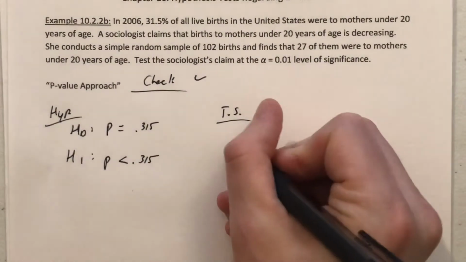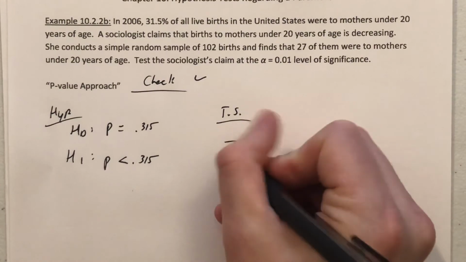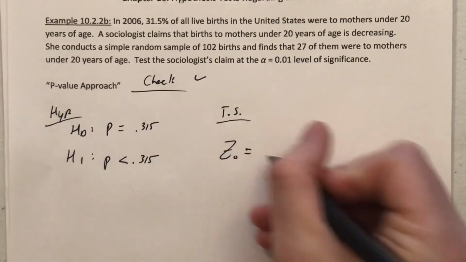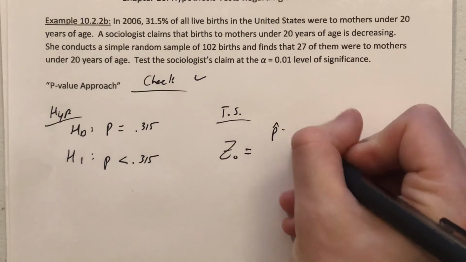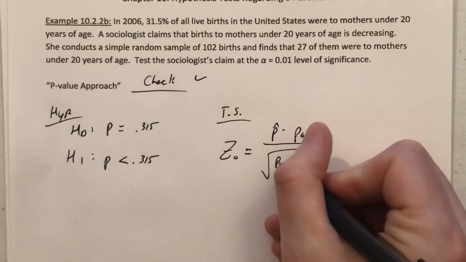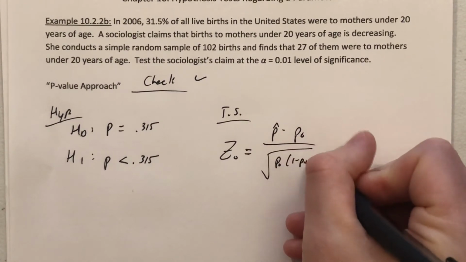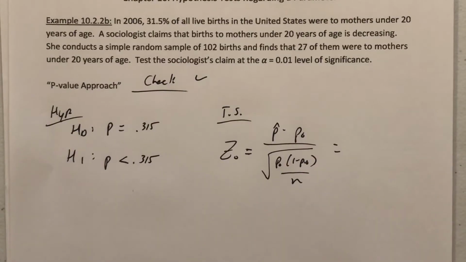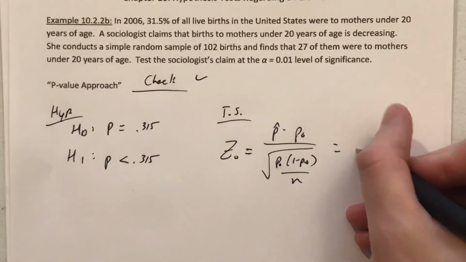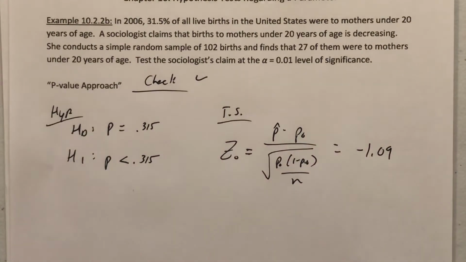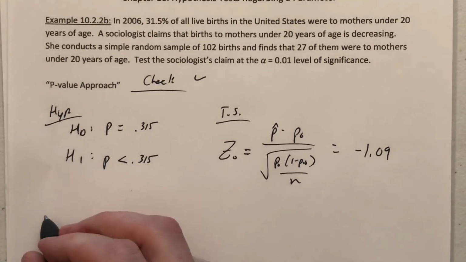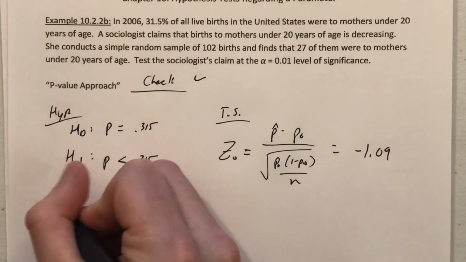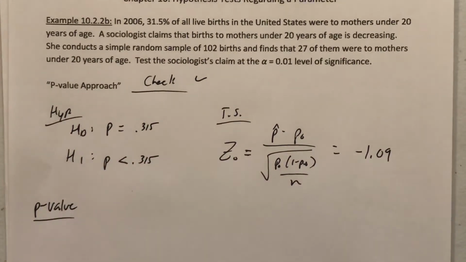To find our test statistic, that is still the exact same Z0 formula, P hat minus P naught over, absolutely the exact same formula, nothing there changes. So we'll just use that same number from before. But we get to the next step, and this now, instead of being a critical value step, is a p-value step.